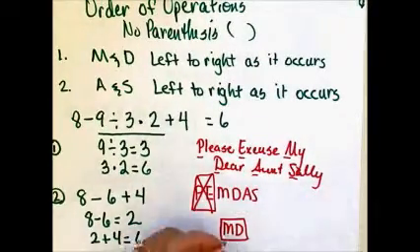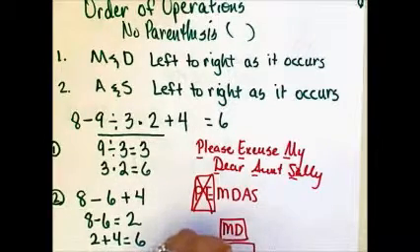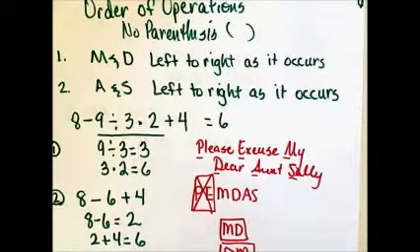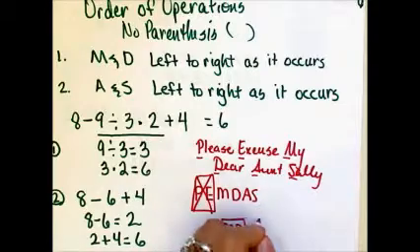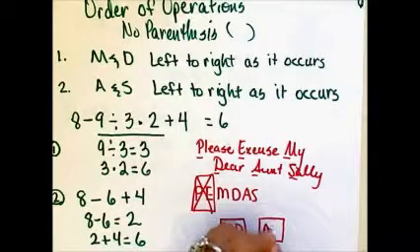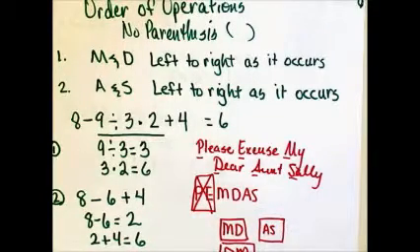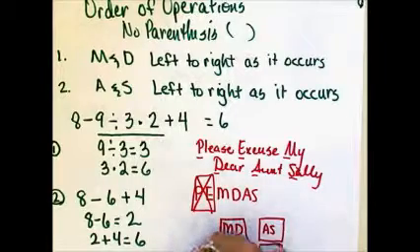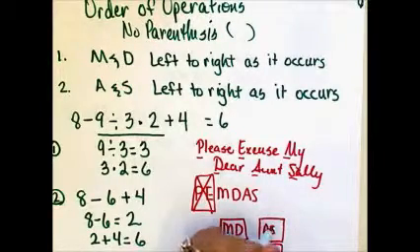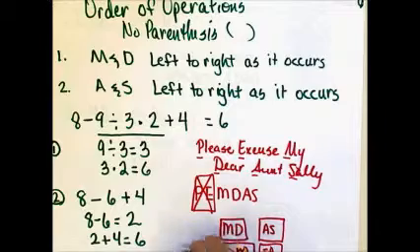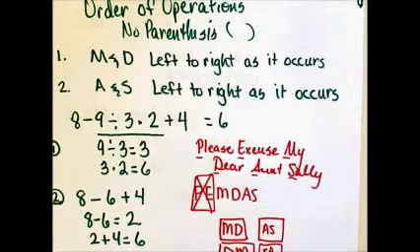Or I could think of it as doing dividing and multiplying left to right. Then I would also box my addition and subtraction, because it could also be subtraction and addition. So it doesn't matter the order, whether it's addition, subtraction first, we just do it left to right.